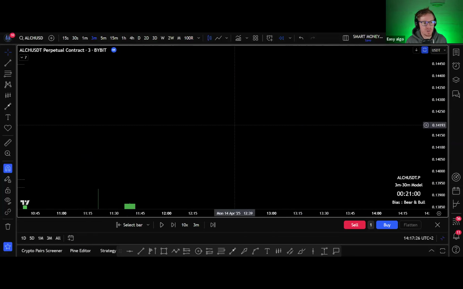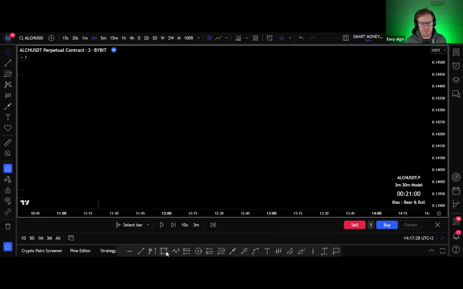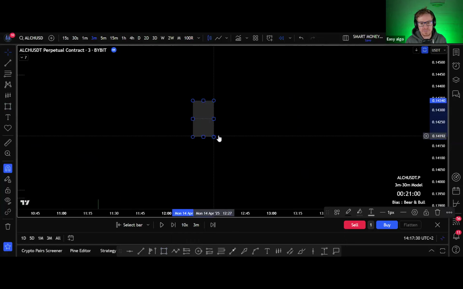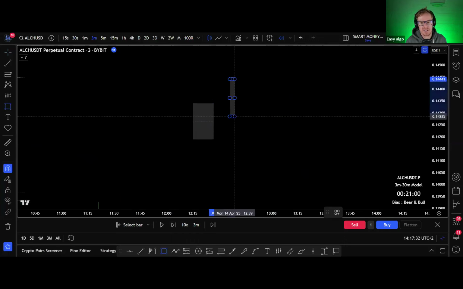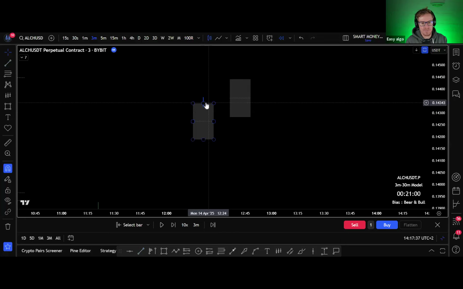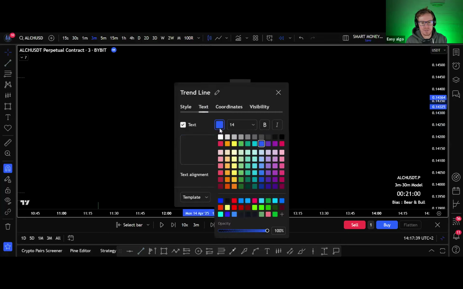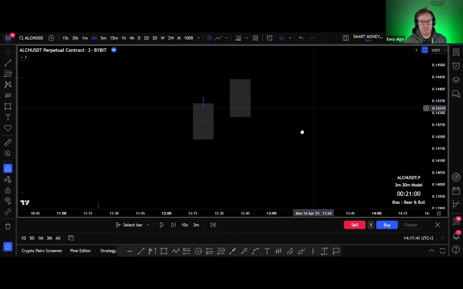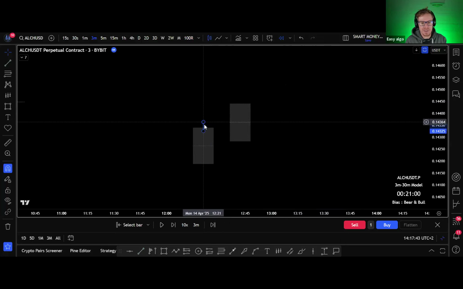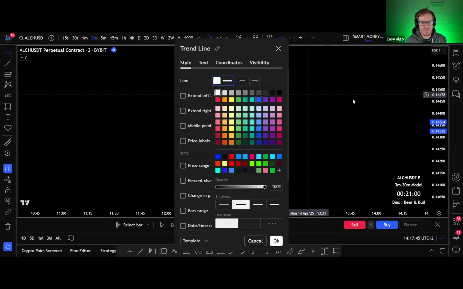So let me draw it over here to make it clearer. Say, for instance, we get these candles. Say this candle breaks above this wick over here.